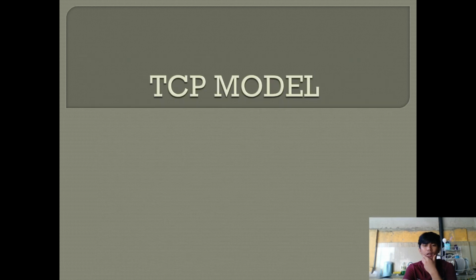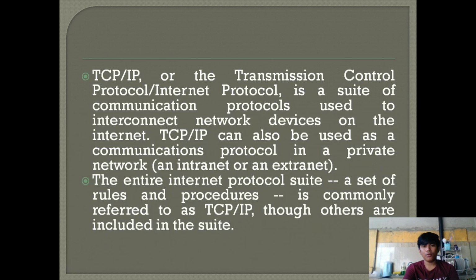So, what is the TCP model? TCP/IP, or Transmission Control Protocol/Internet Protocol, is a suite of communication protocols used to interconnect network devices on the internet. TCP/IP can also be used as a communication protocol in a private network, as an intranet or extranet.